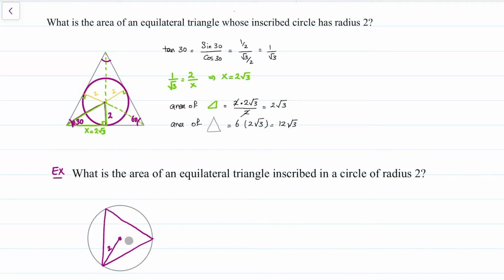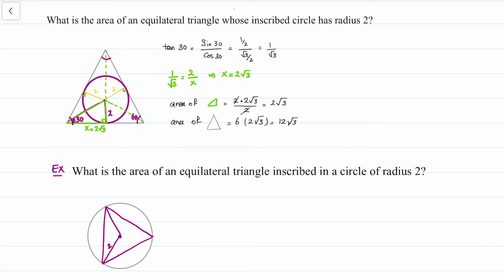I need to find the area in here, but what I'm going to do is use smaller triangles.